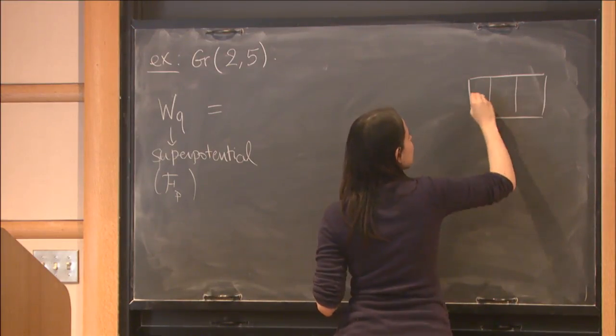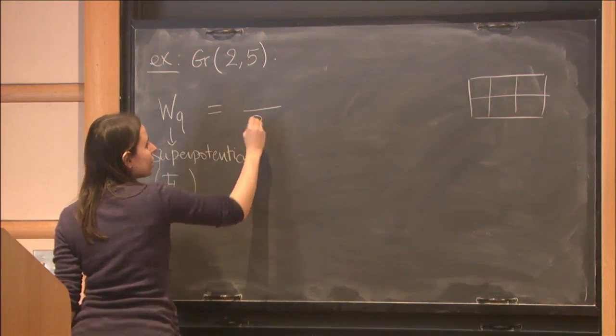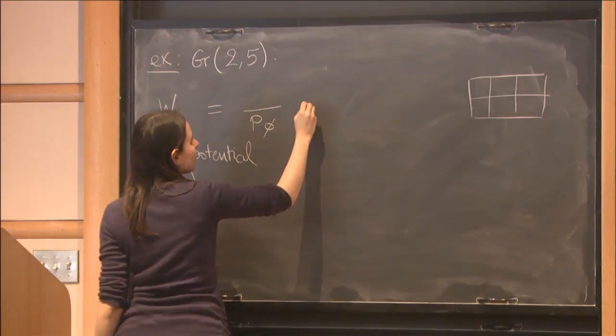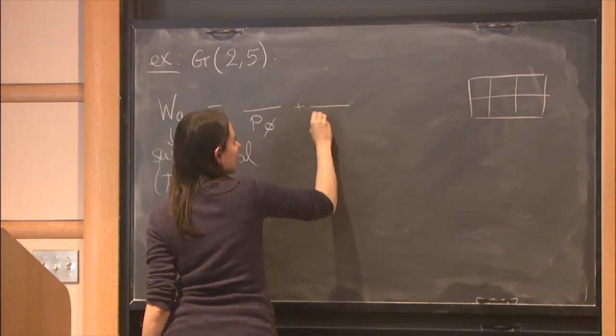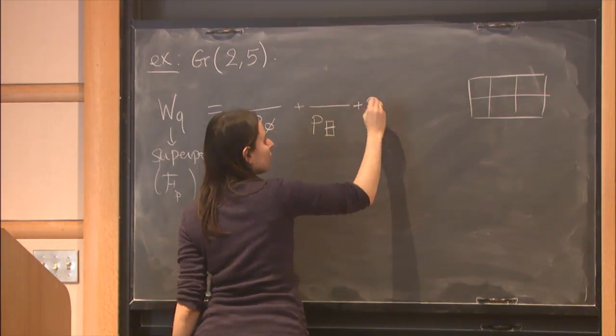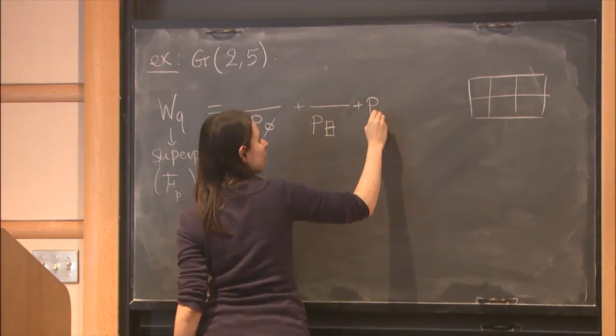So if you've got 2x3, you have a Plücker coordinate corresponding to the empty partition, and a Plücker coordinate corresponding to this partition, which is maximal in terms of length.